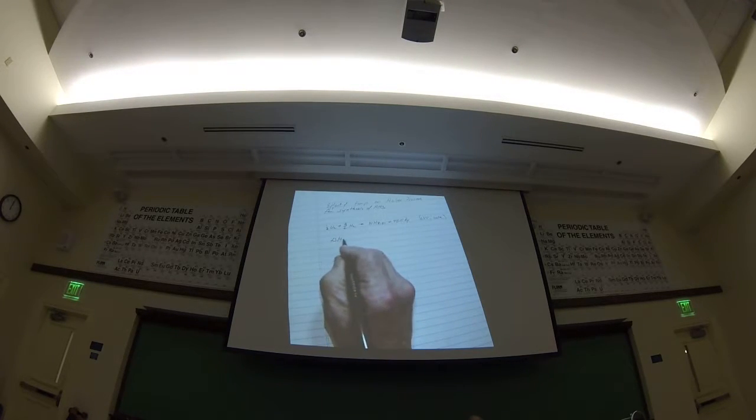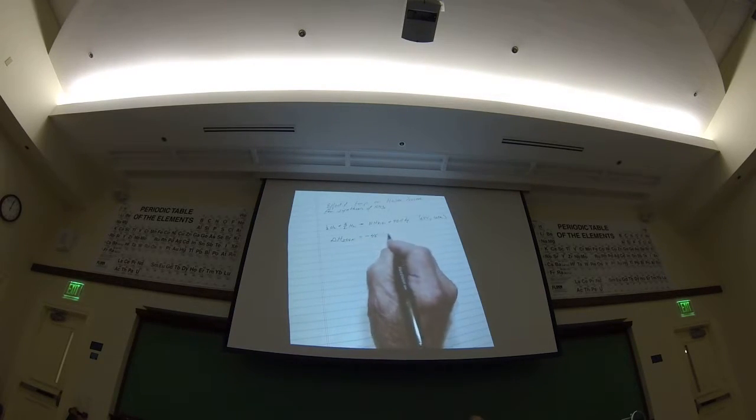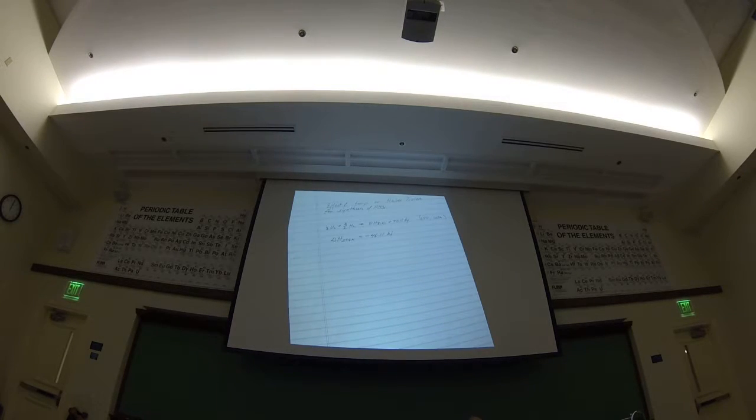The delta H at 298 K, guess how much? Minus 46.11 kilojoules. It's not kilojoules per mole, it's just kilojoules for that reaction. The heat of formation of 1 mole of ammonia is minus 46.1 kilojoules per mole.